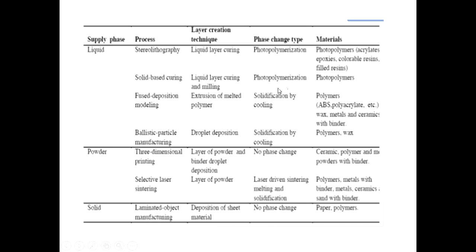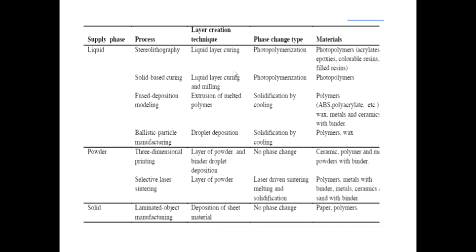Here we can see that based on the initial material we have different categories of rapid prototyping processes. In the liquid process we have stereolithography. It is a photopolymerization process. We will see that. Then solid based curing is there.